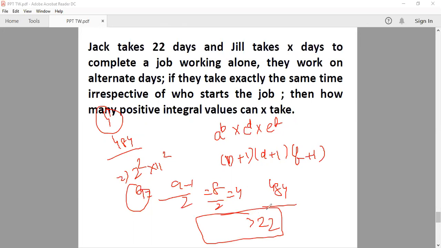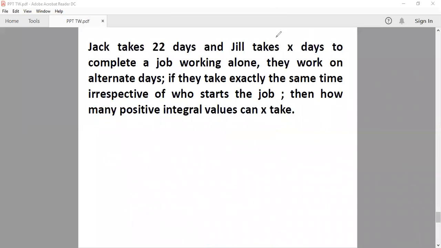And how to calculate factors? Let's say मैंने 484 को prime factorization किया, 2 square into 11 square. Compare it with this a power b, c power d. So 2 plus 1 into 2 plus 1. So is the concept clear to everyone? Is the concept clear to everyone? Kindly reply with a yes or no.